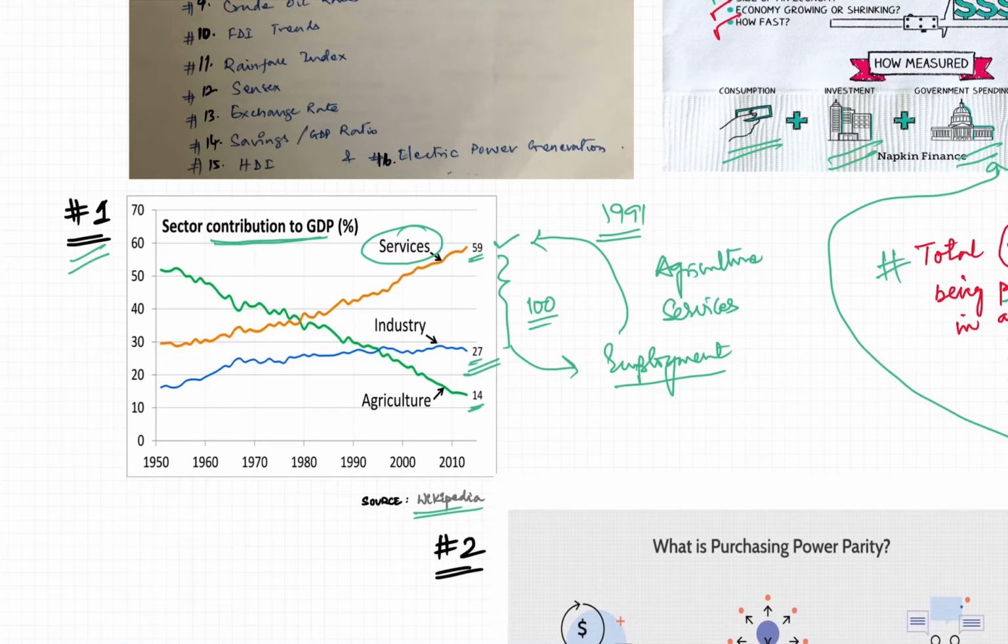Industry has grown because there have been investments since we opened up. So if investments are growing, there will be employment, there will be manufacturing. After 1991, we have started to manufacture a lot of things.